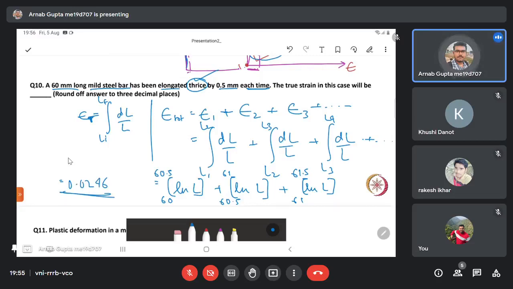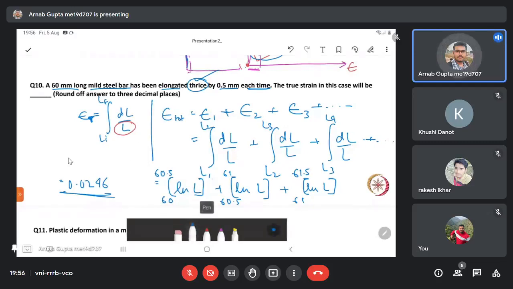So the main purpose was not just discussing this numerical. The main purpose was to say that suppose this L is not just a function that you are seeing here. Suppose it is some other function, L naught plus k of L to the power n, something like this. I am not arbitrarily mentioning it. In that case, you would have to perform this integration and find out this particular function.